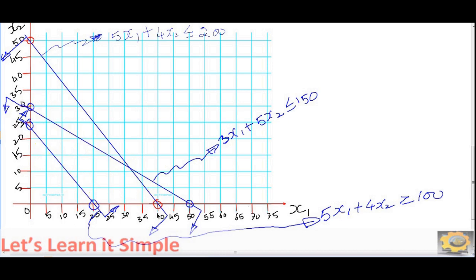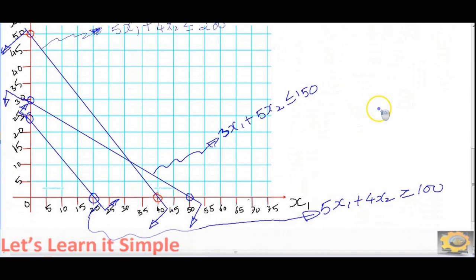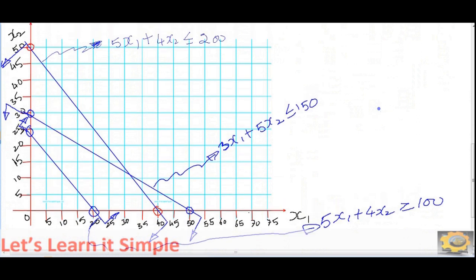But we have one more constraint. It goes like this: x1 0 for x2 20, x2 0 for x1 10. The constraint is x1 0 for x2, x2 is 20 here, then x1 10 for x2 is 0, this one.